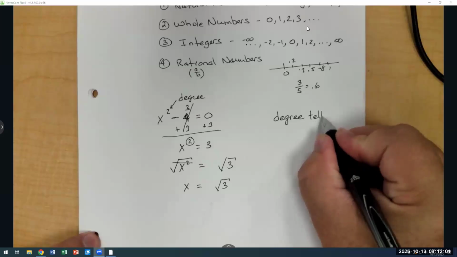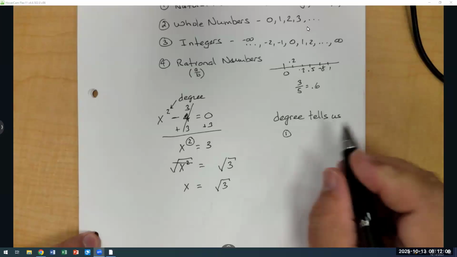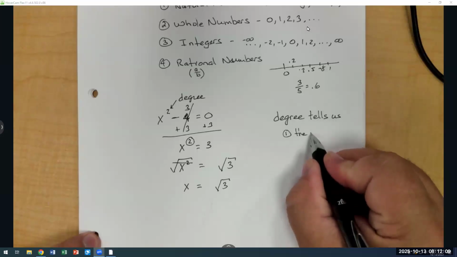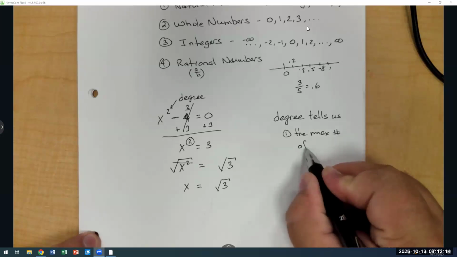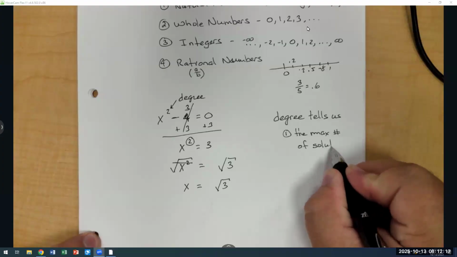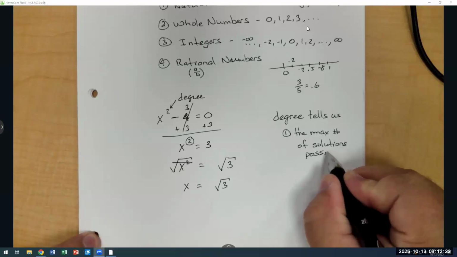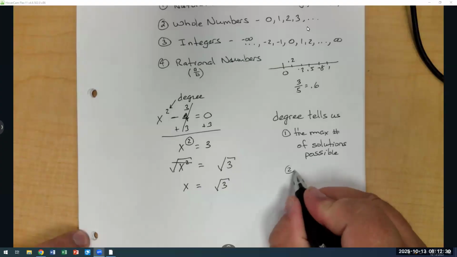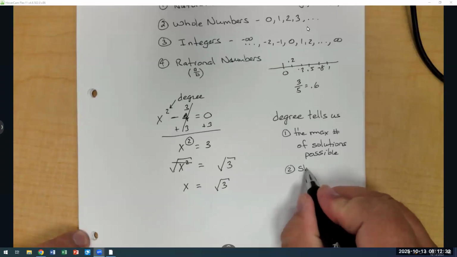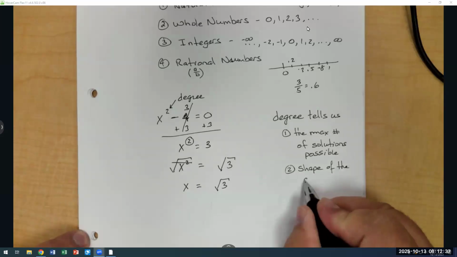The degree tells us the maximum number of solutions possible. It also tells us the shape of the graph.